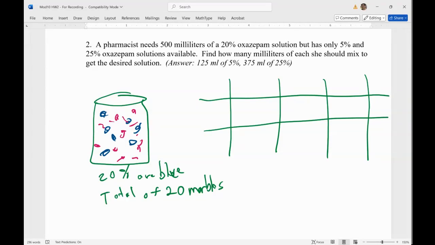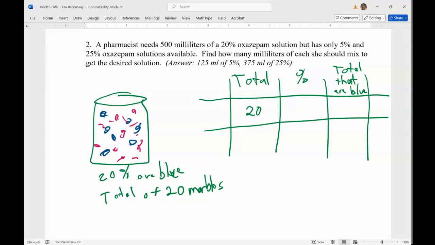Now, think about a table here. Suppose our first column is the total. The second column is the percent, and the third column is the total that are blue. Well, there's 20 total.